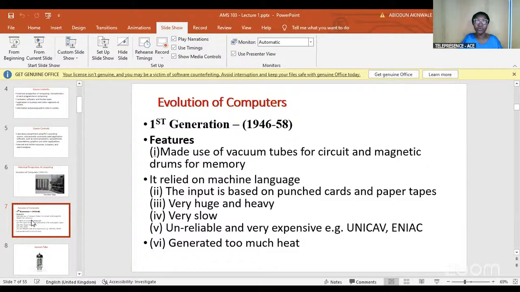So these were some of the challenges, and of course, they were very expensive for people to acquire. In fact, who would even acquire one, because people did not have the knowledge of how to operate it, except the specialists, the computer engineers and experts.